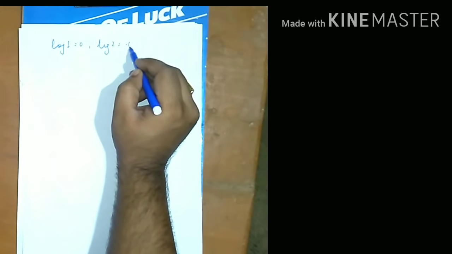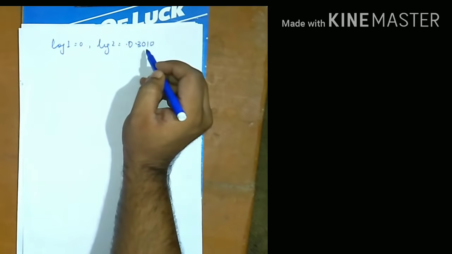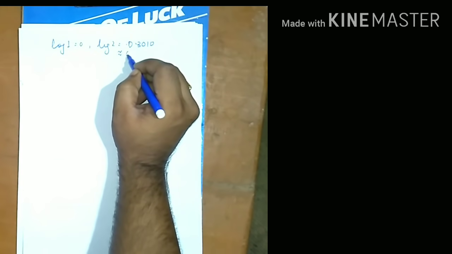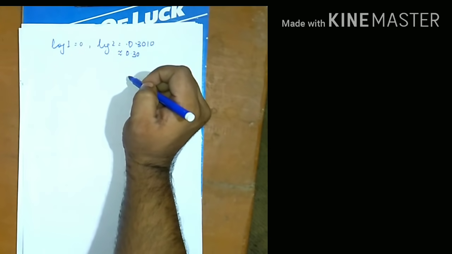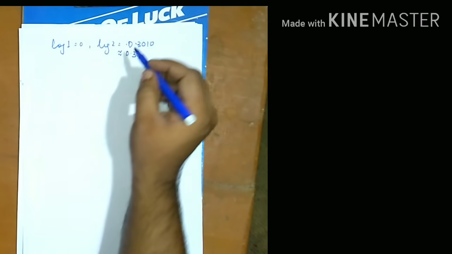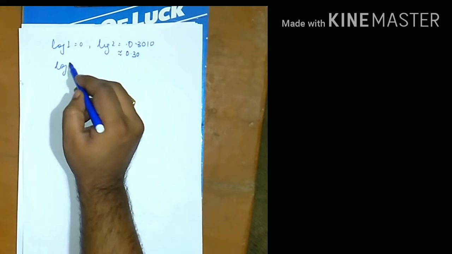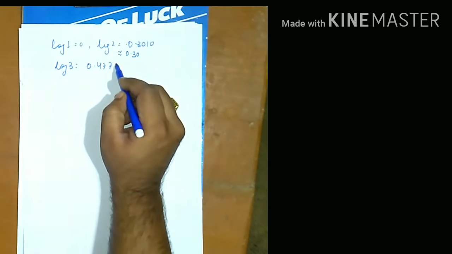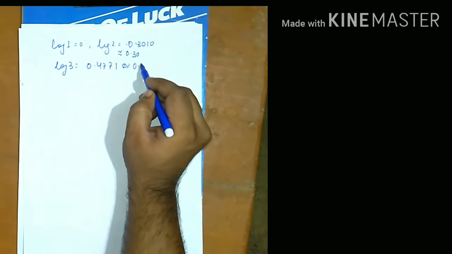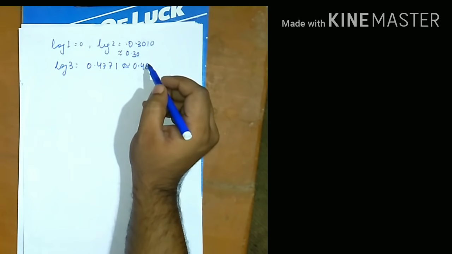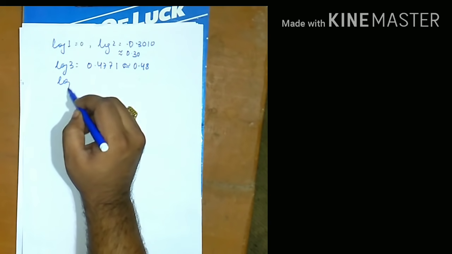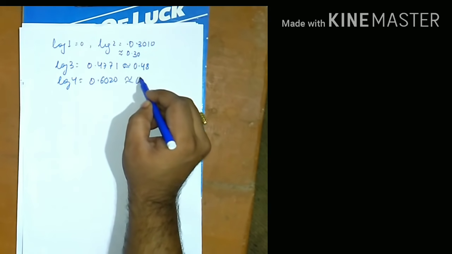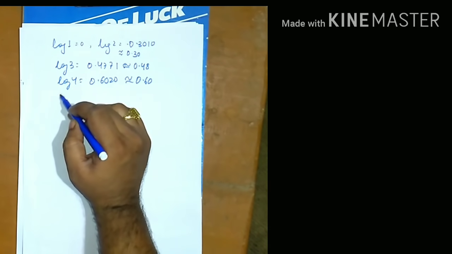Remember: log 1 is 0. log 2 is 0.3010; in problem solving, take it as 0.30 according to significant figures. Log 3 is 0.4771; you can consider it 0.48, there will not be much difference in the answer. Log 4 is 0.6020, which is 0.60 with respect to significant figures.